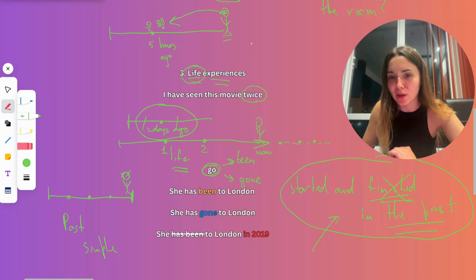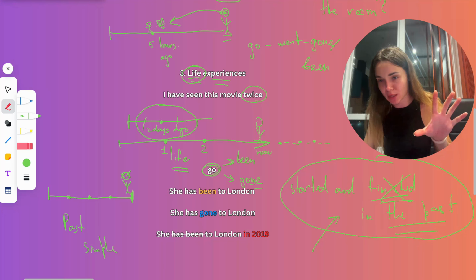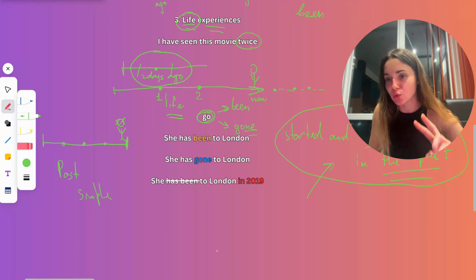So our go in the third column is actually gone, right? Go, went, gone. And we can use it here. But not only that, we can also use been instead of gone. And that is a bit weird, right? It's a bit strange. Why? These 2 words in the same sentence have different meanings.